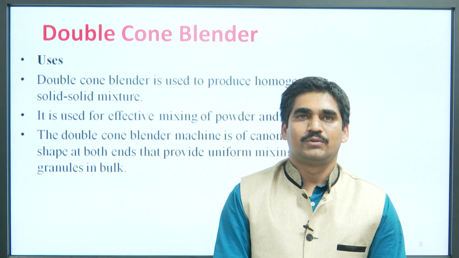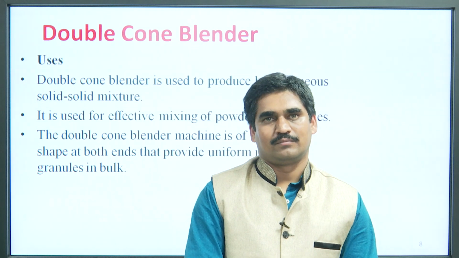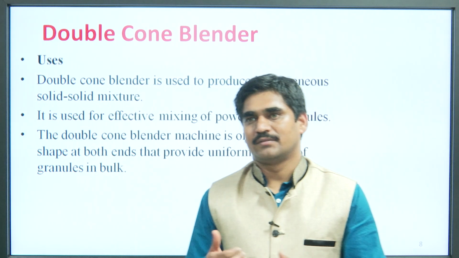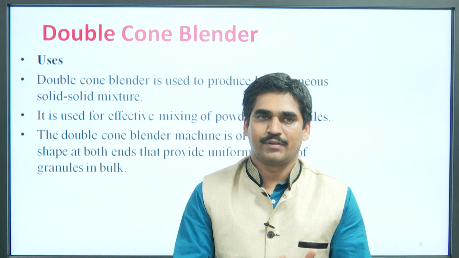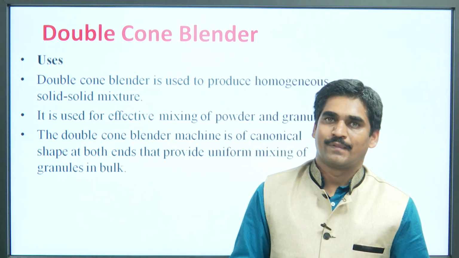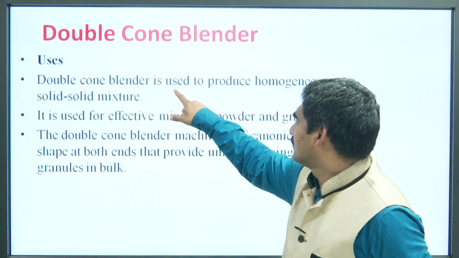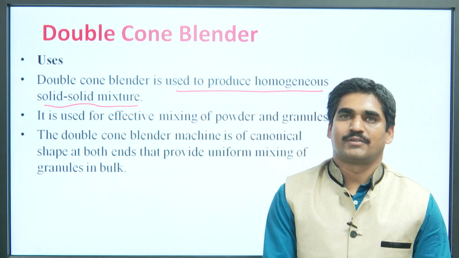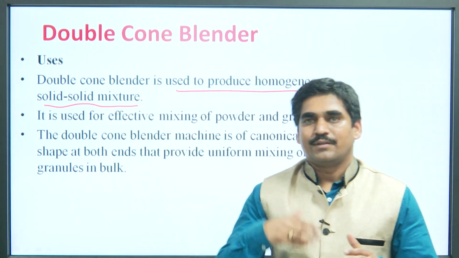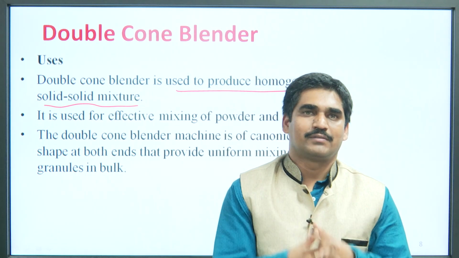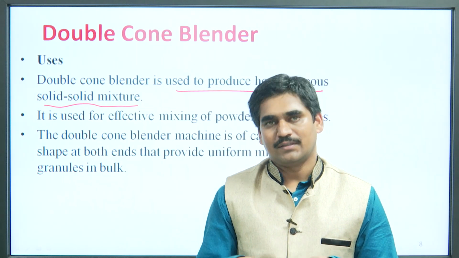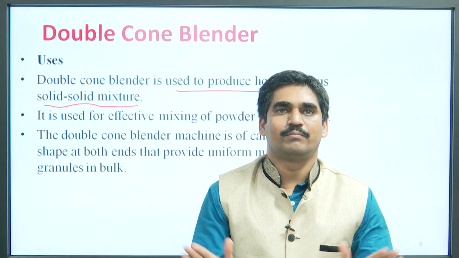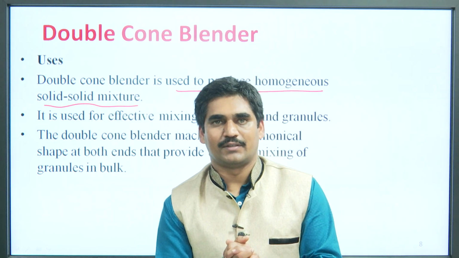Now, uses of double cone blender. As already explained, this is used for mixing of free flowing solid particles. So, double cone blender is used to produce a homogeneous solid-solid mixture. If both the powders are solid in nature, it can be used to produce homogeneous, that means uniform, blending of both the ingredients.